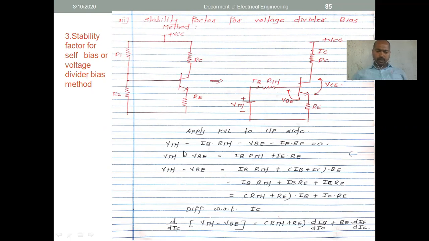So it is d by dIC of VTH minus VB, equal to RTH plus RE, and for IB we write dIB by dIC, plus RE taken as a constant outside. Now for IC, dIC by dIC. Okay.